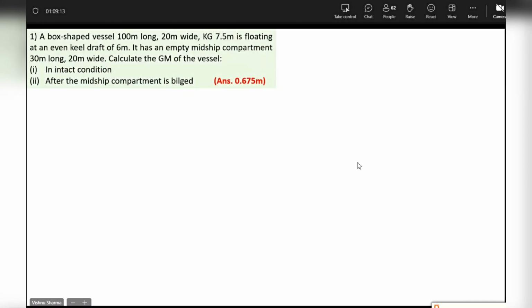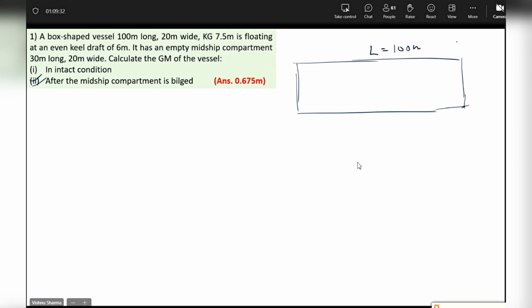We come to the second part of the question, and I'll go slow here. This is the vessel, and I'll keep telling you the sequence also. First, draw the side elevation.